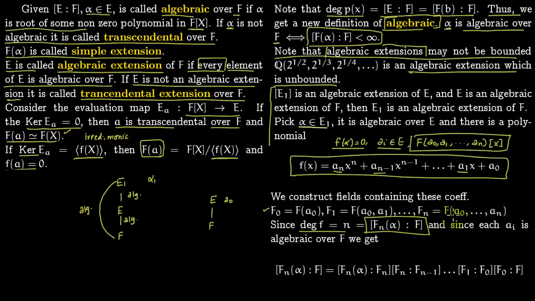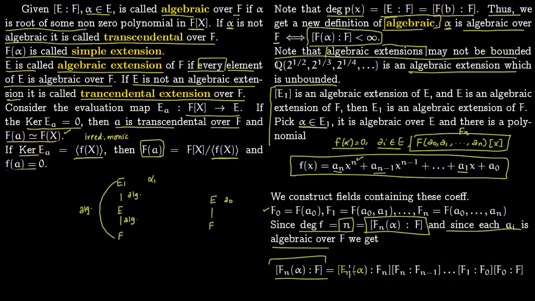Fn of alpha. So Fn is where you adjoin everything. So you adjoin everything, and the degree of Fn(alpha) over F is n, and this n is precisely because this is the degree of this polynomial here. And since each ai is algebraic over F, you get this Fn.